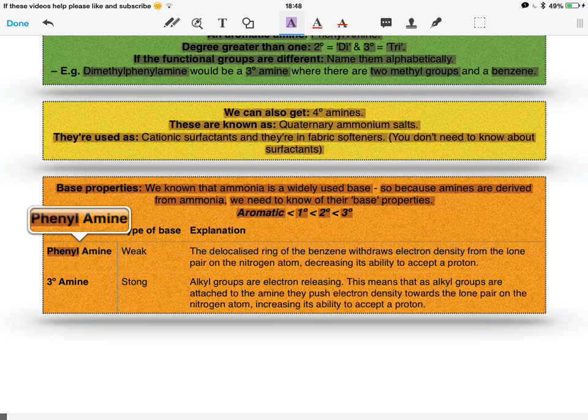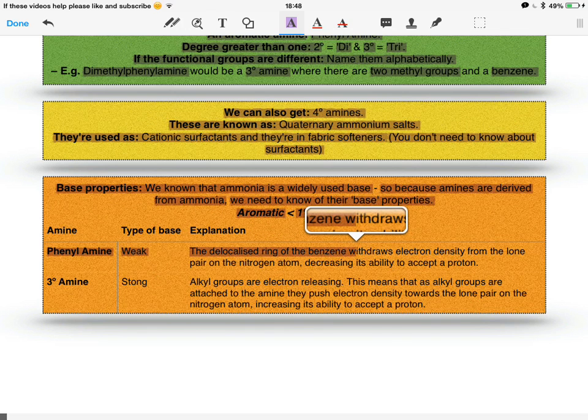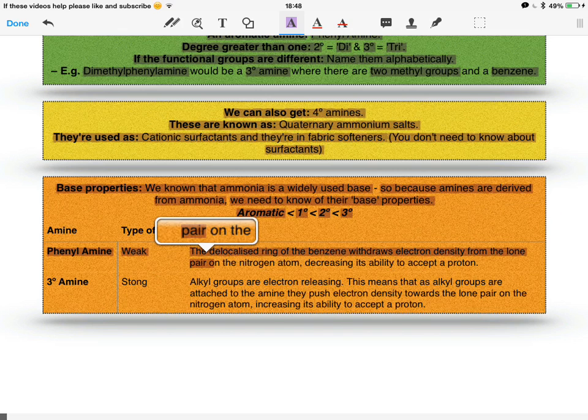So a phenylamine, which is an aromatic amine, is a weak type of base. The explanation is the delocalized ring of the benzene withdraws electron density from the lone pair on the nitrogen atom, decreasing its ability to accept a proton.